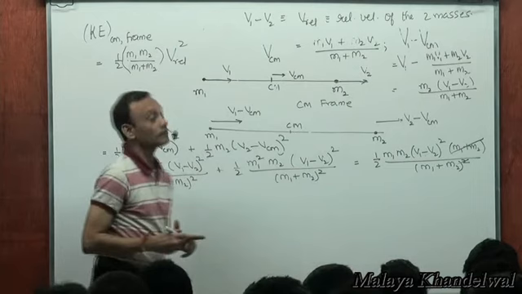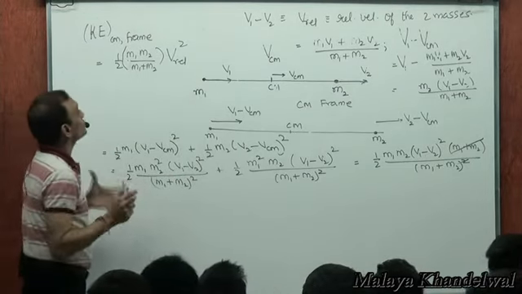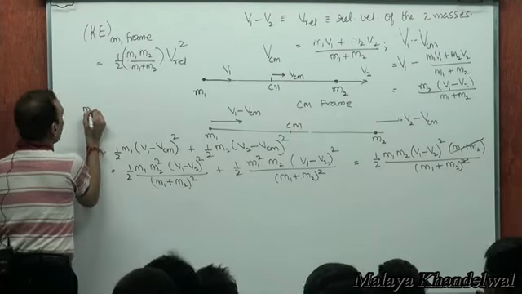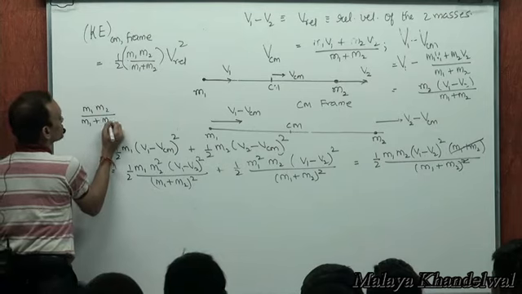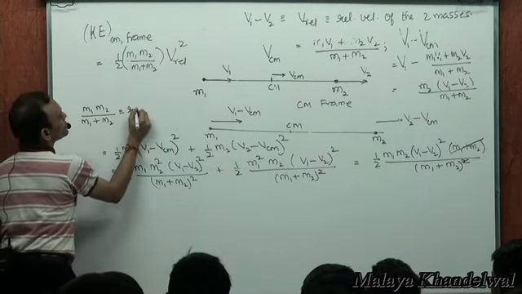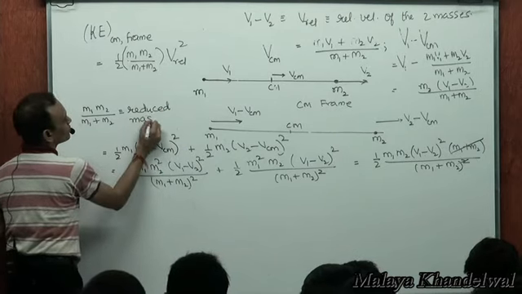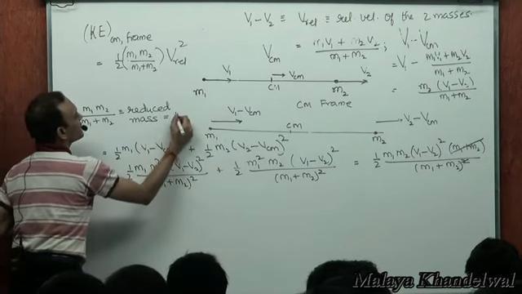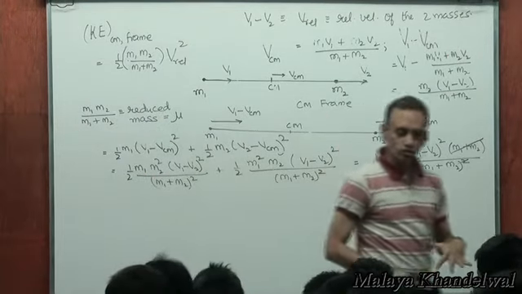Now, too early to talk too much about it, but this entity m1 m2 by (m1 plus m2) for a two particle system is referred to as the reduced mass of the system, and we commonly designate it by the symbol mu. It's less than m1 and also less than m2.